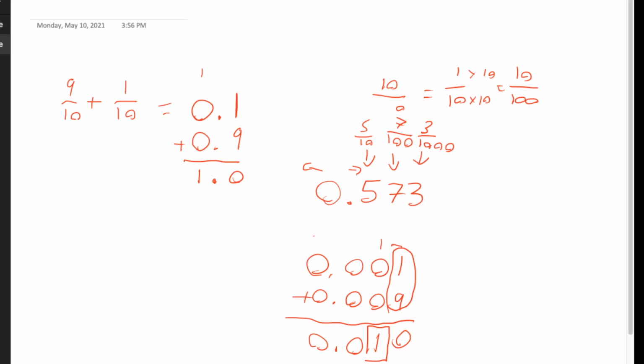So the way we can look at this is like this, right? So you have 1/1000th. You require 10 of these to make 1/100th, and it takes 10 of those to make 1/10th, and it takes 10 of those to make 1, and it takes 10 of these equals 10 times, right?